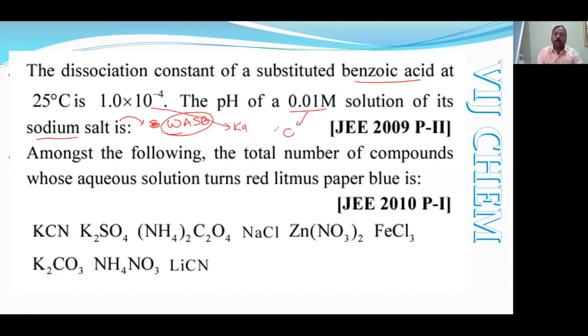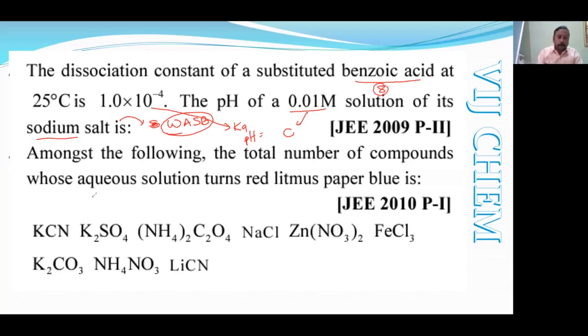Once you know the Ka and C, you can easily find the pH, which is half of pKw plus half of pKa plus half log C. Simply you should identify which formula you have to use. Is that clear to all of you? Now you will get the answer of 8. The answer to this question will be 8.